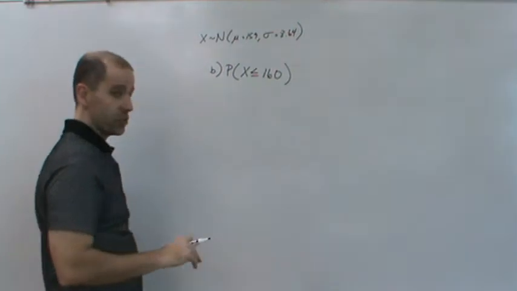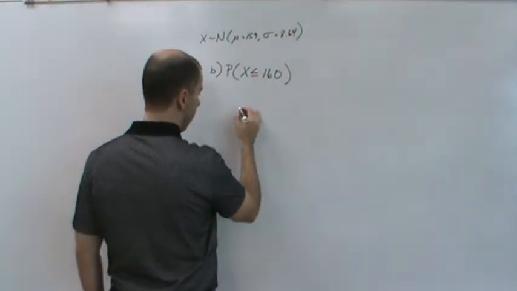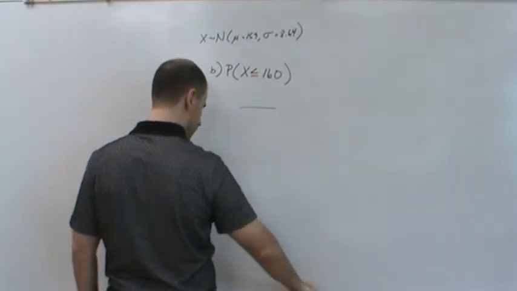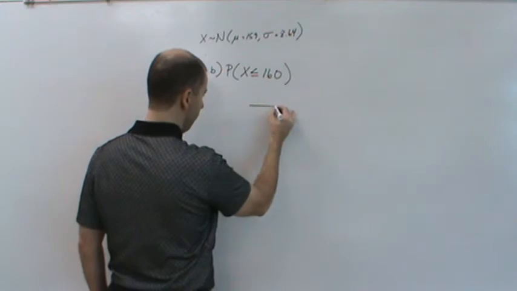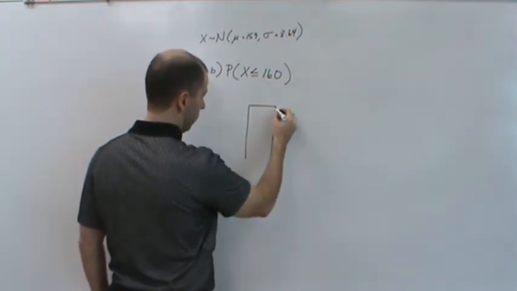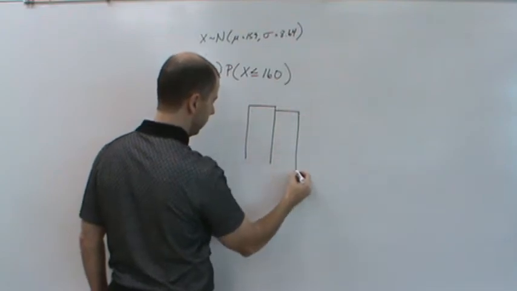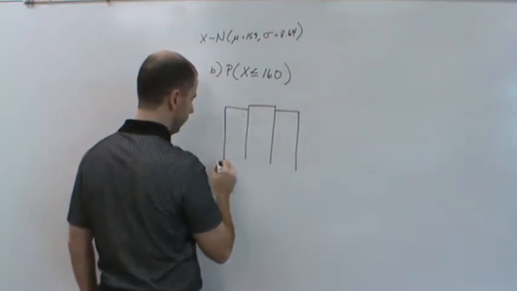Okay, so now let's talk about the continuity correction again. Okay, so let's draw our bar again, right? So here's our histogram, because it is a binomial distribution, right? So let's say we have our bar over here, and let's say we have our bar over here, right?